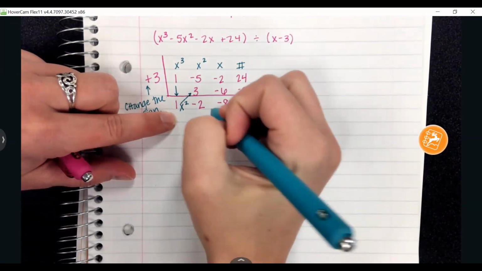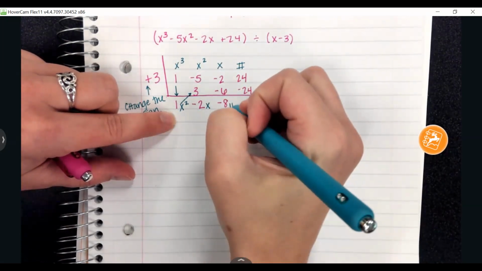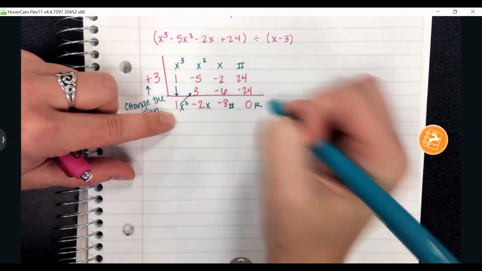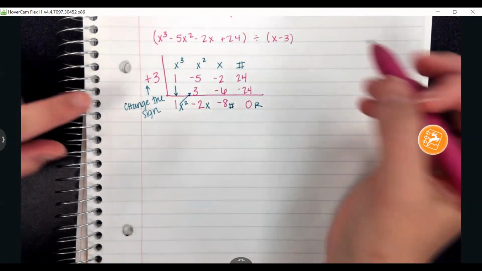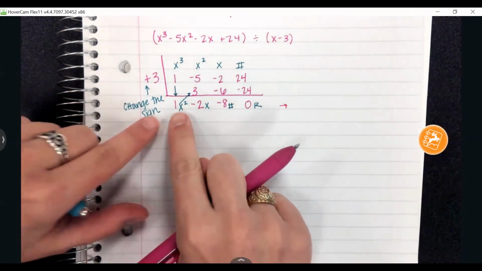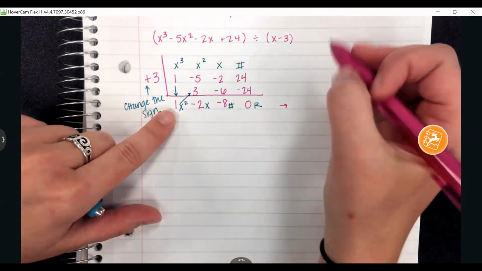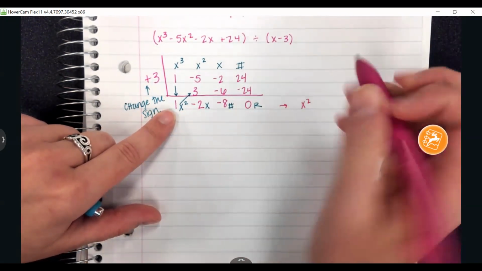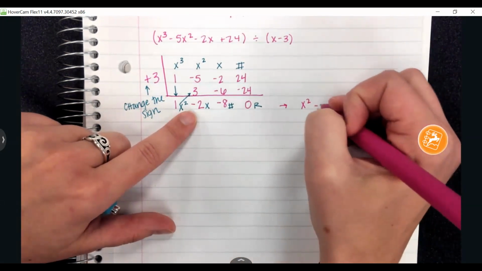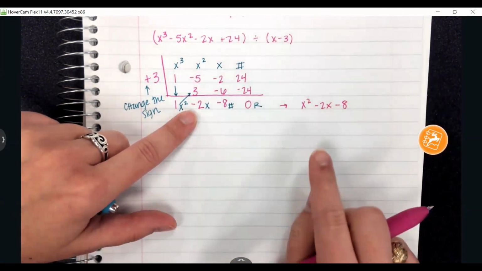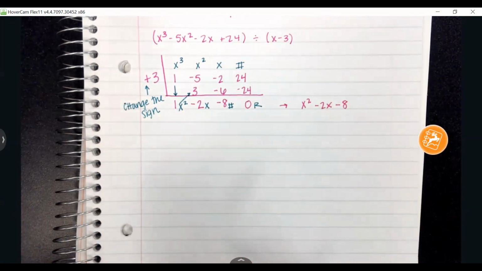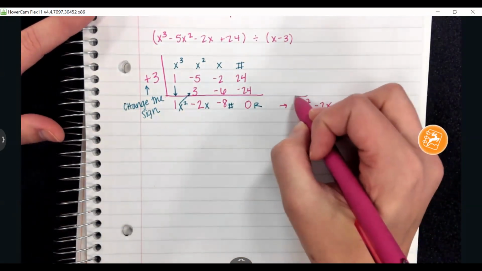And then it goes down: x, number, remainder. So let's write our final answer. My final answer says 1x squared, or just x squared, minus 2x minus 8. Does this problem have a remainder? No, so that would be my answer.